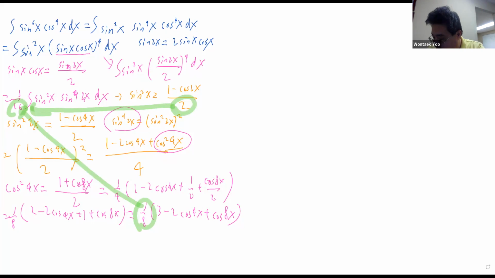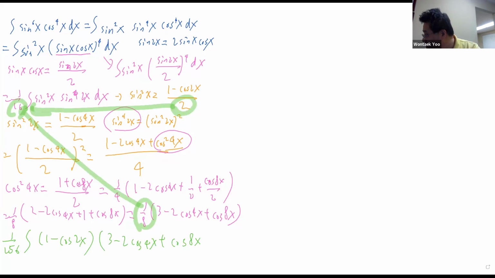So you can rewrite this as 1/256 integral of the quantity 1 minus cosine 2x, and then another parenthesis, 3 minus 2 times cosine of 4x plus cosine of 8x. Oh, wait, that's a 4.